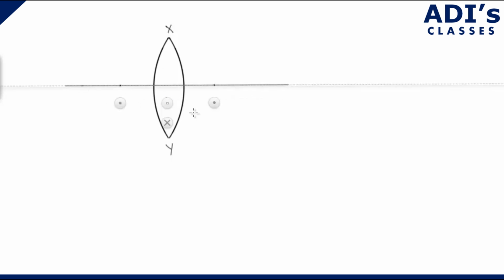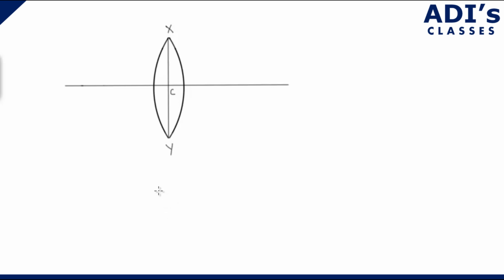If you join xy, the point where the line xy meets the principal axis is the center of the lens. Let's call that point C.